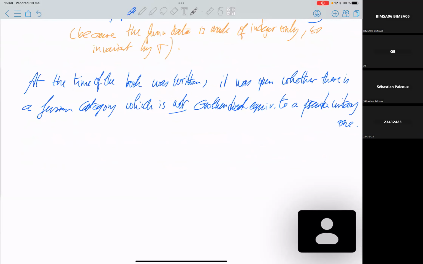But this was solved by Andrew Chopiré, who was a PhD student of Viktor Ostrik.